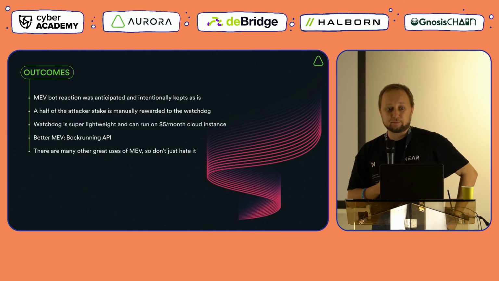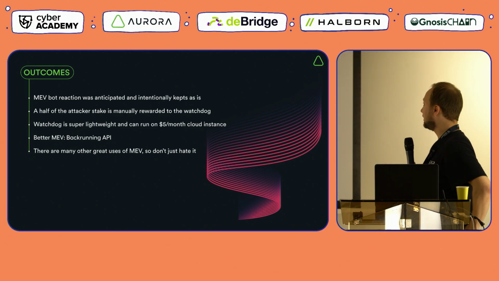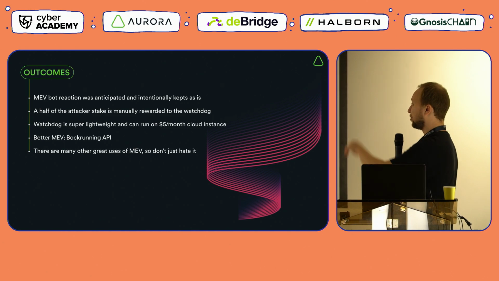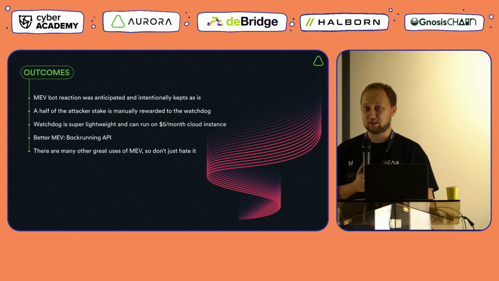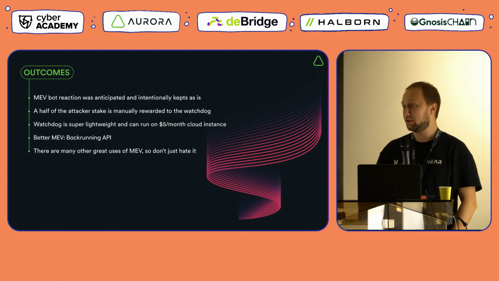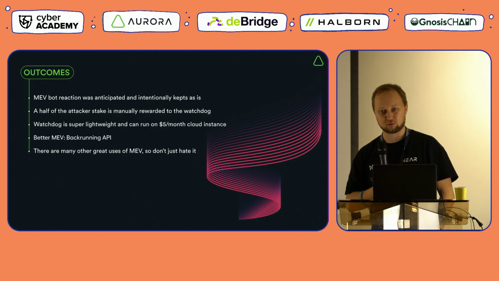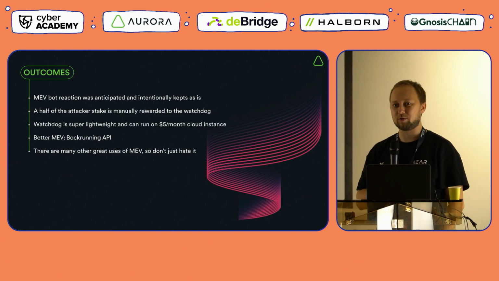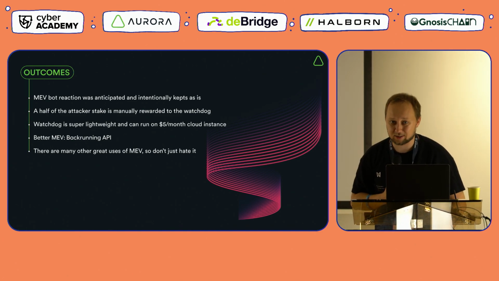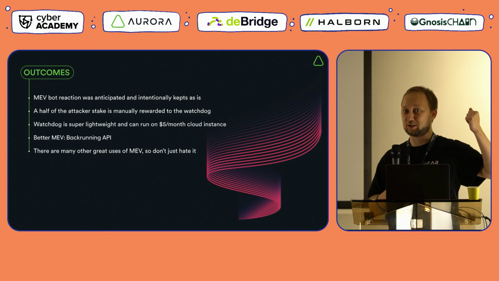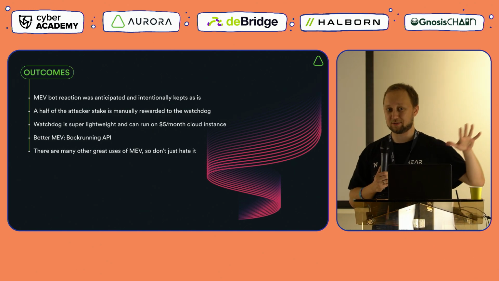So, yeah, I was literally covering some portions of the slide. I just wanted to say to everybody that in case you are willing to participate, and you are using Aurora or Rainbow Bridge, you can easily improve the security of the Rainbow Bridge by running a watchdog service. It costs around $5 a month.